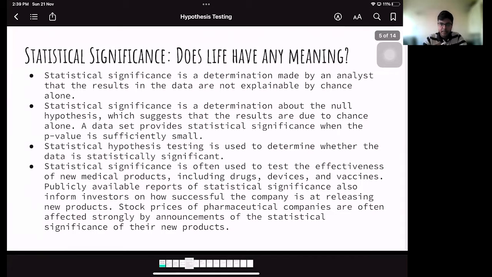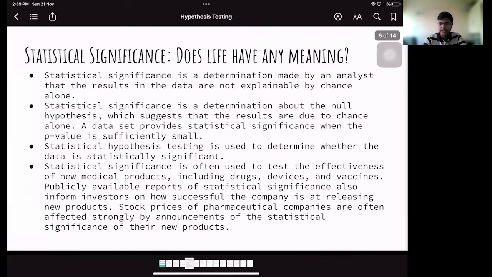Also, there are different publicly available reports of statistical significance, which inform investors on how successful the company is at releasing new products. So investors also use this method to see how significant a company's new product releases are.